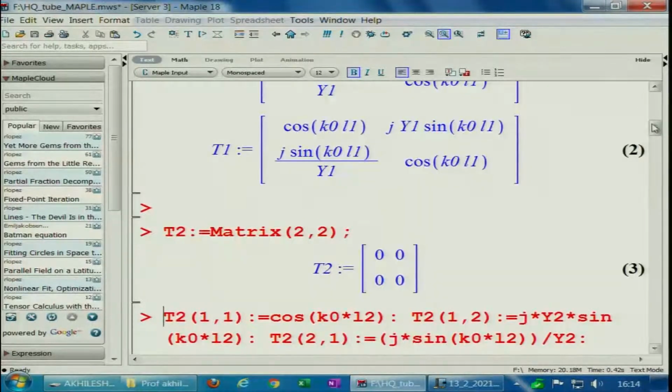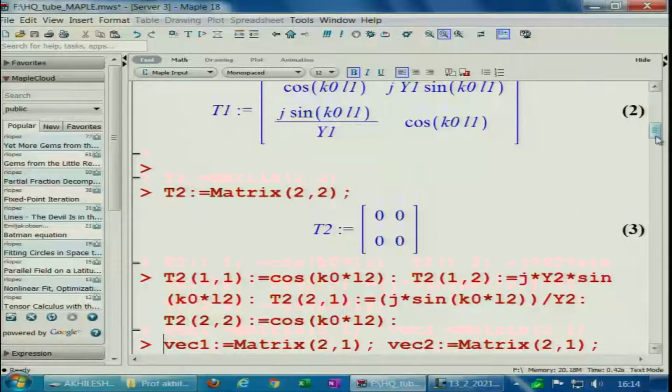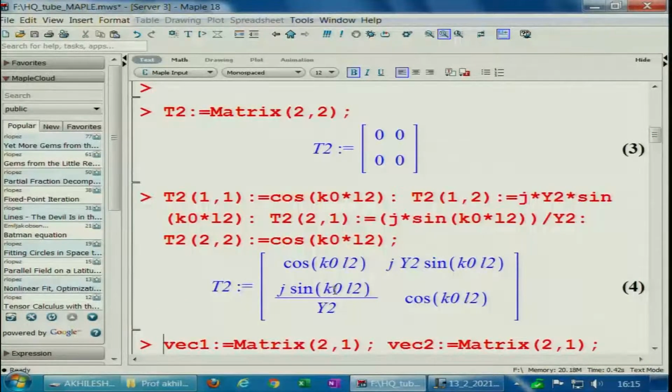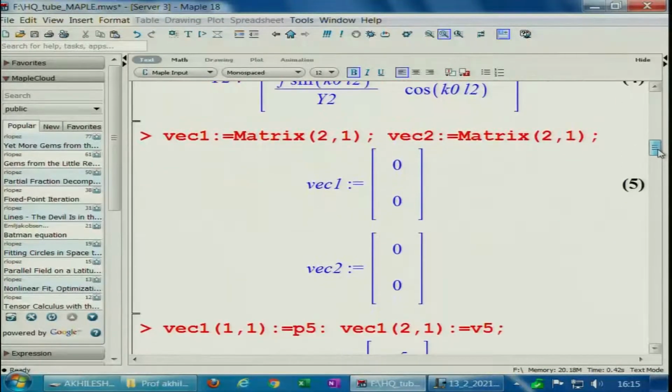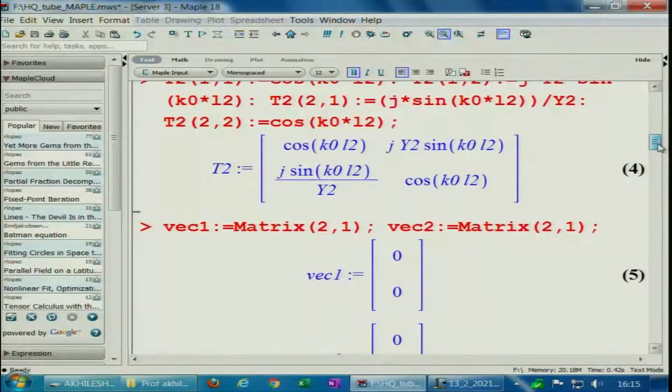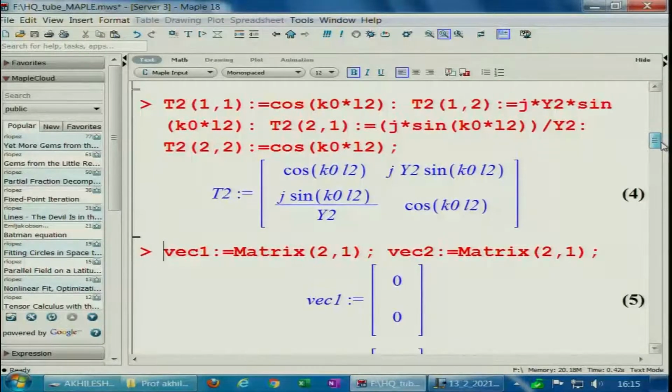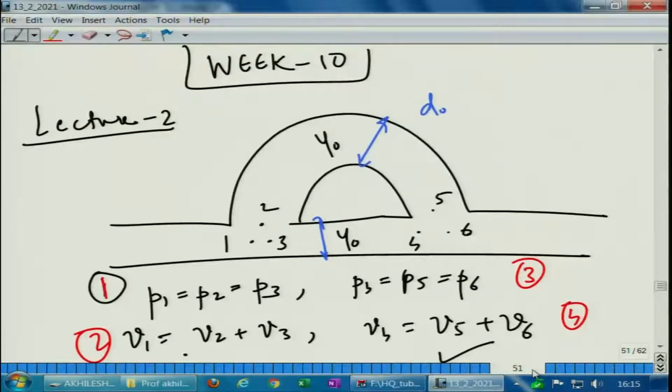Now, I can just uncomment this and say cos of k naught into L2 and all these terms. These are really the transfer matrices for the tubular elements 1 and 2, not the A and B matrices. And the vectors are for the downstream variables, that is, I guess, P5, V5 and P4 and V4.